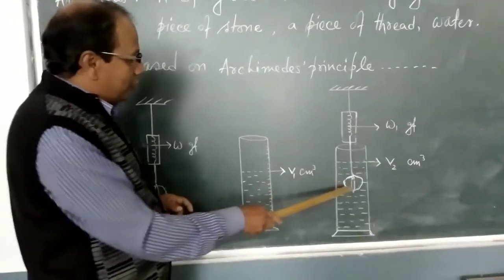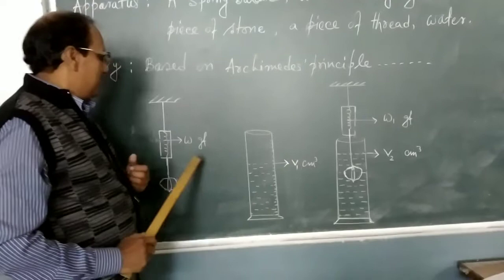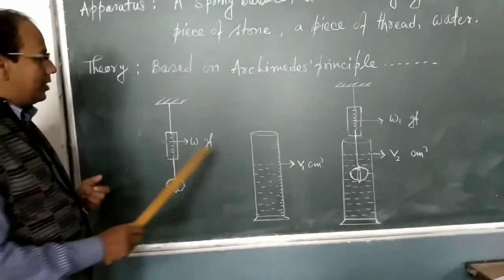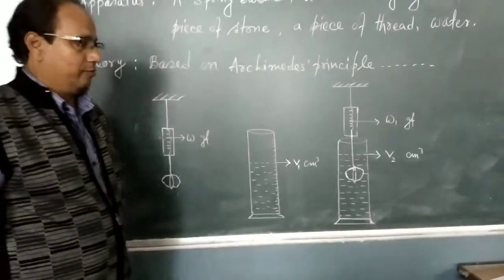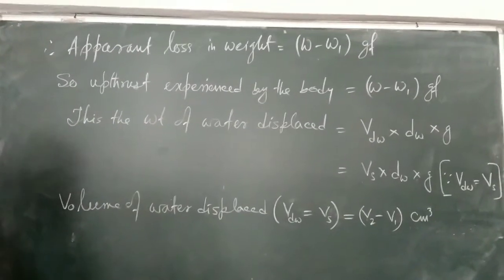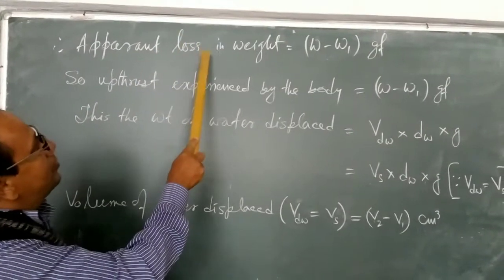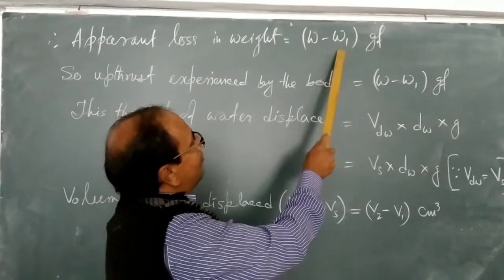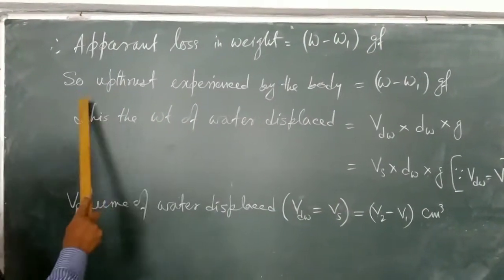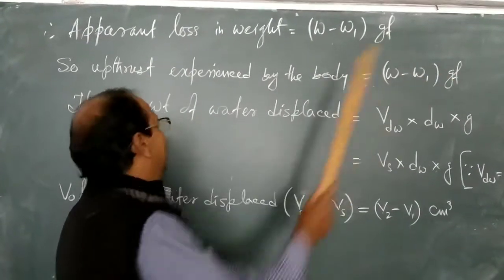So, the volume of the stone will be V2 minus V1, and apparent loss will be W minus W1, which I will show just now. So, the apparent loss of the object, the piece of stone, in weight equals W minus W1 J. So, upthrust experienced by the body is also W minus W1 J.